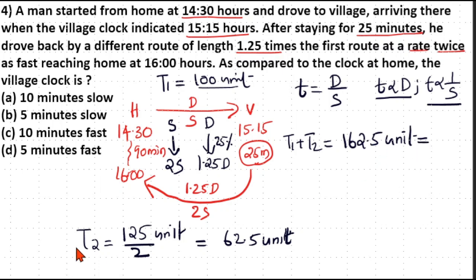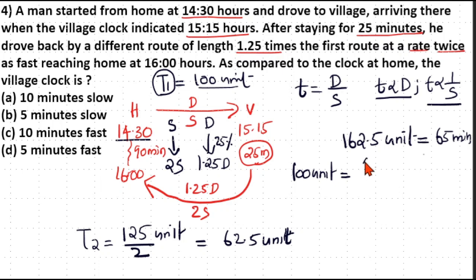But we already know the time for travel is 90 minus 25, 65 minutes. That means here 162.5 units is 65 minutes. So we need to find out what 100 units is. If 162.5 units is 65 minutes, then 100 units, the time taken for the first route, is equal to 65 by 162.5 into 100.